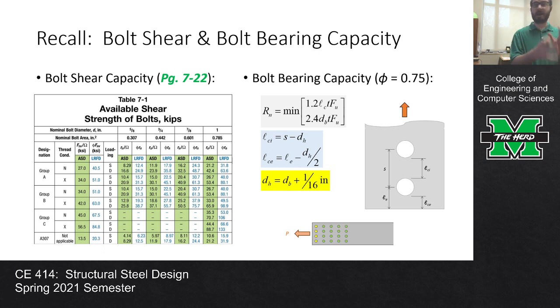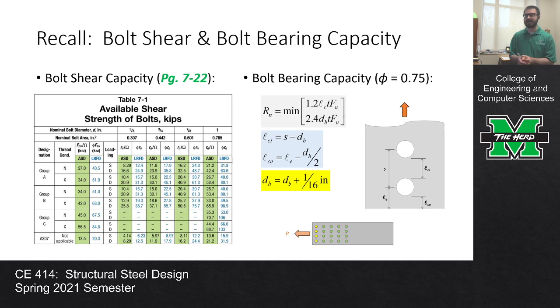One is the bearing type connection, which relies on the bolt coming into physical contact with the plate inside the bolt hole. The two relevant limit states are the shear capacity of the bolts themselves and the bearing capacity of the plates. We call those bolt shear and bolt bearing.